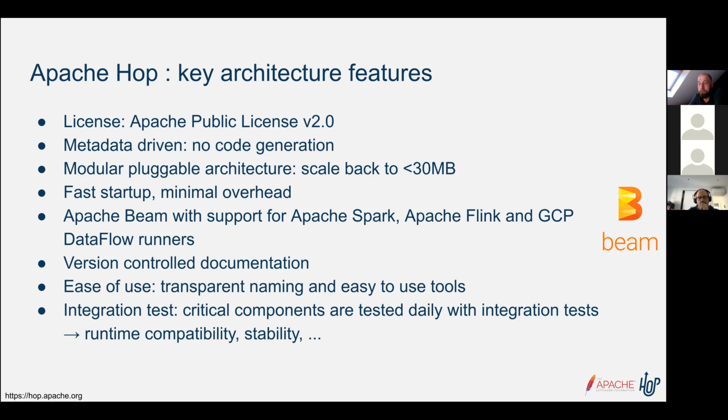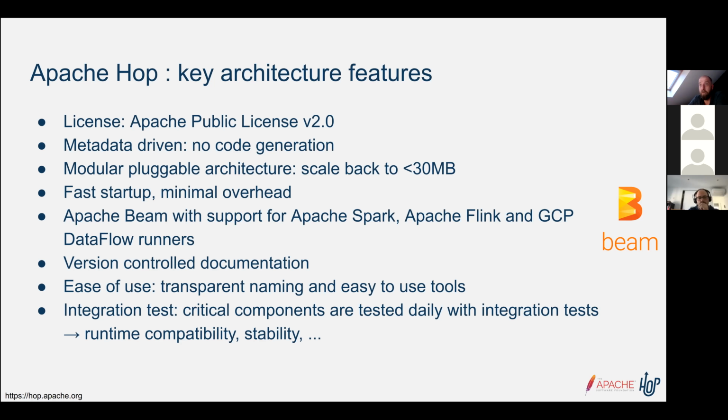And the scale back is where you keep basically only the Hop engine, so the kernel with a minimal number of plugins, and everything still works. And all of the additional functionality over those 13 megabytes are added through plugins. I think we have about 250 plugins at this point, and the number grows each month.